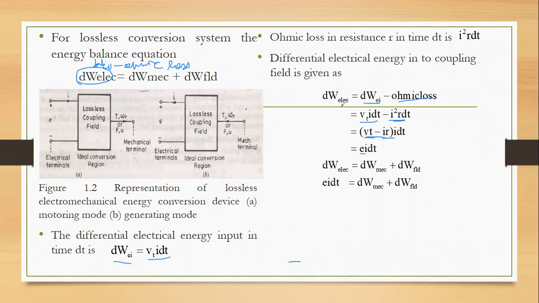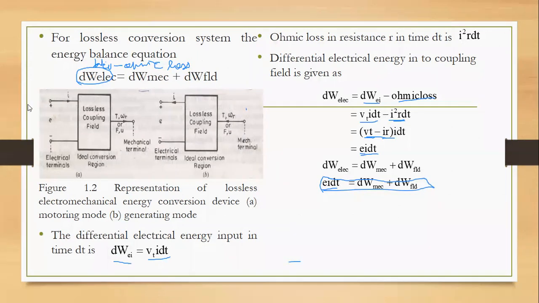So instead of writing omega electrical, the total electrical energy, we can write E I dt. This one is the energy balance equation.